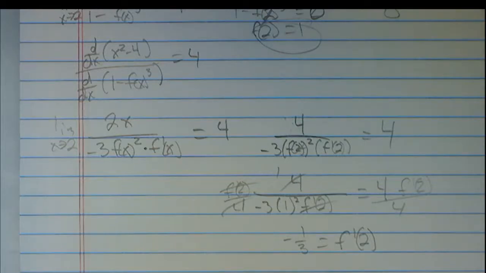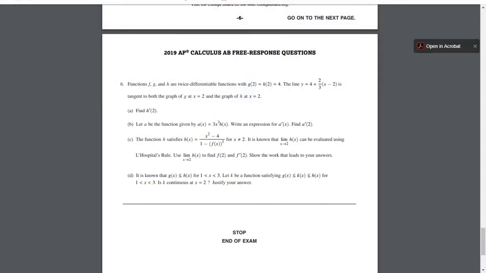But yeah. Okay, part D. It is known that g of x is less than or equal to h of x between 1 and 3. Let k be a function between g of x and h of x between 1 and 3. Is k continuous at x equals 2? Alright, continuity at a point.